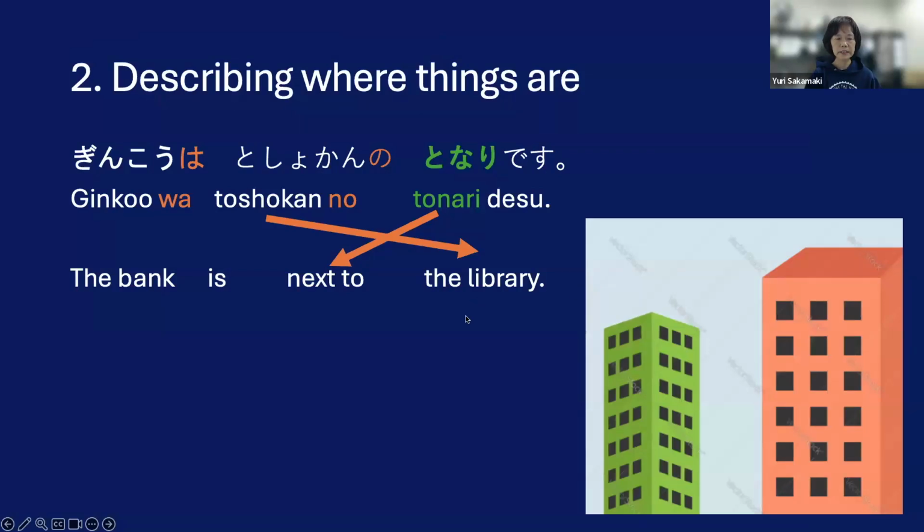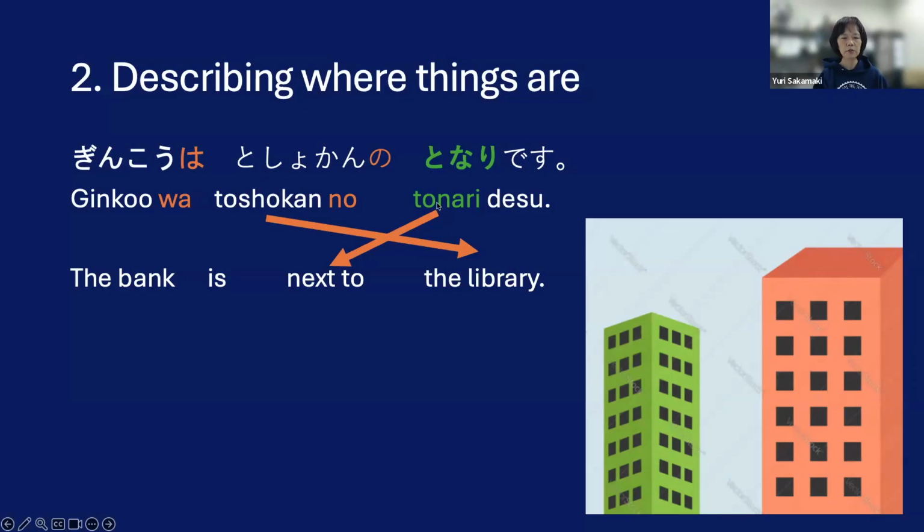And we already did this, but this kind of shows how English and Japanese word orders are different. So, 銀行は図書館の隣です。If we take this sentence as an example, then the bank is next to the library. But as we saw before, 隣 comes after the 図書館.